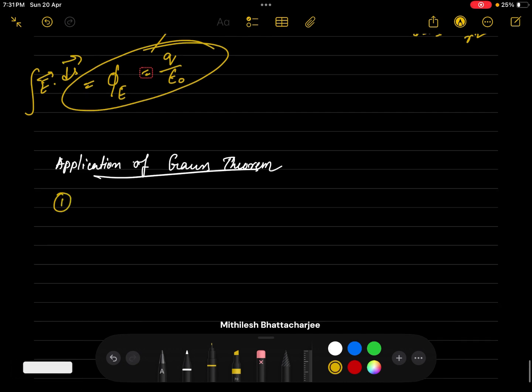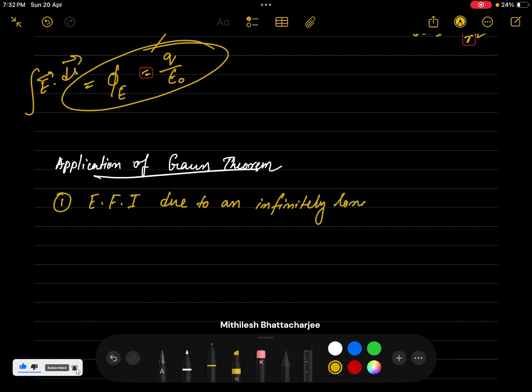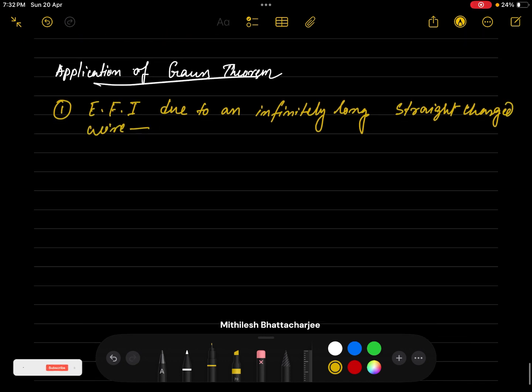The first application, number one, is electric field intensity due to an infinite long straight charged wire. So we have to find the electric field intensity for a long straight charged wire. Okay, so this is the chart.